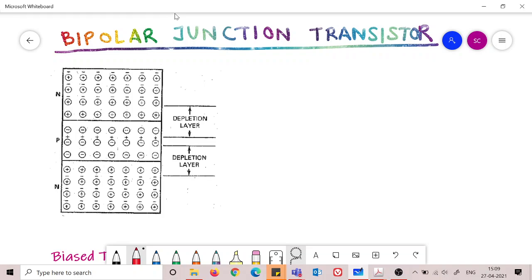So there are doped semiconductor crystals, N type, P type, and in the diode there was only one side P and another side N and one junction in between. However, in bipolar junction transistors there are two junctions.